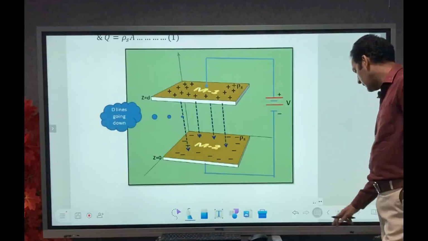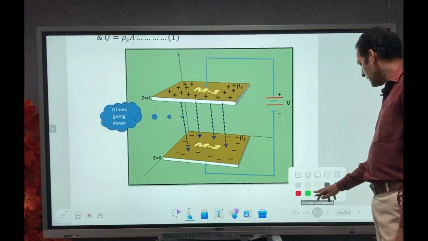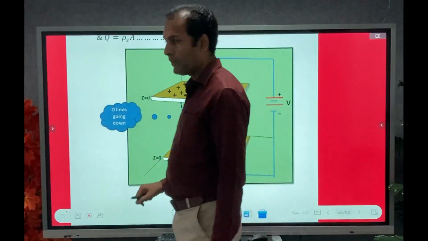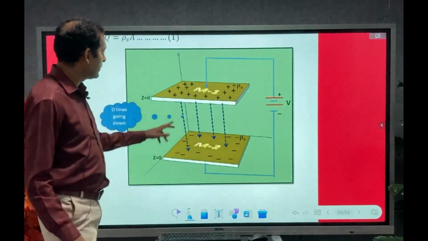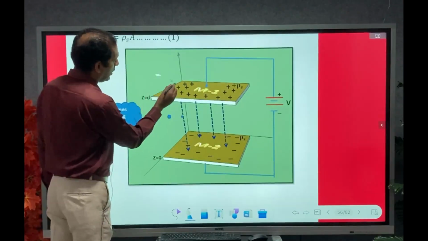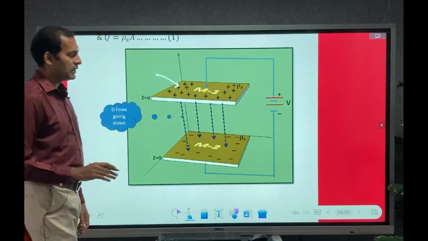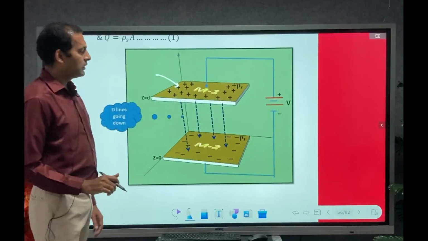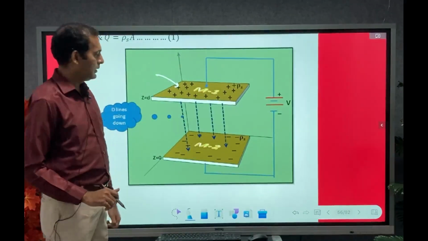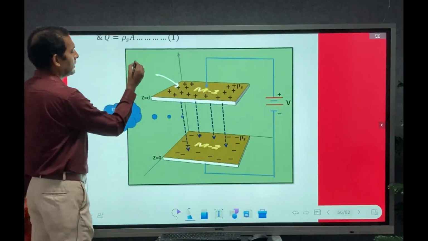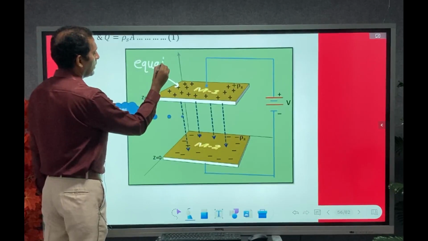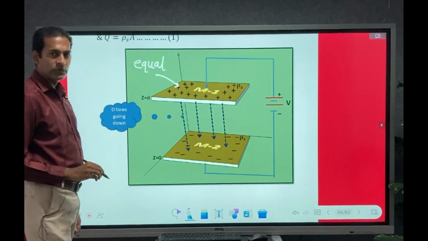So on this plate you can see charges are distributed. The top plate, if you observe, has positive charges. We have all positive charges distributed on the surface of this metal 1 plate. Now here we consider an equal charge distribution.